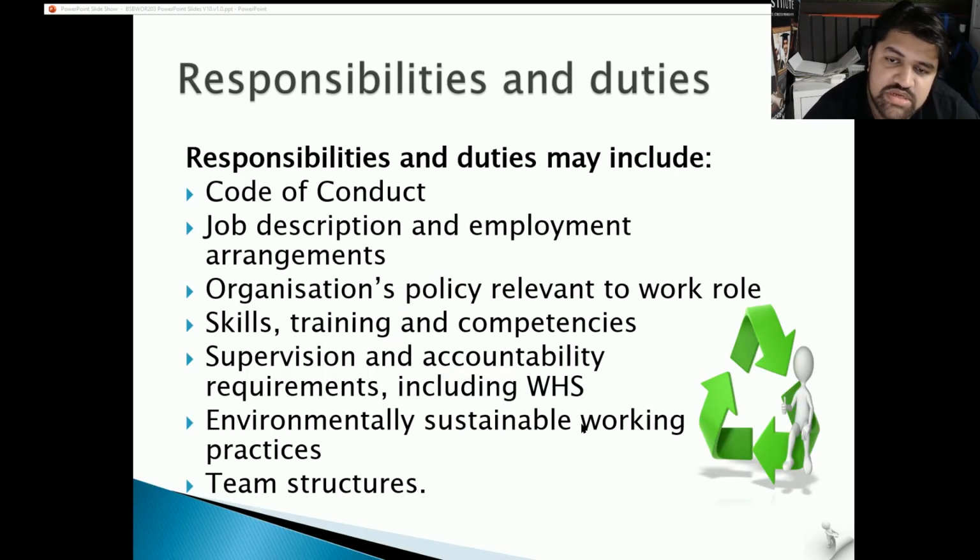Responsibilities and duties. So responsibilities and duties may include observing the code of conduct that is in place for your organization, following your job description and any other employment arrangements.